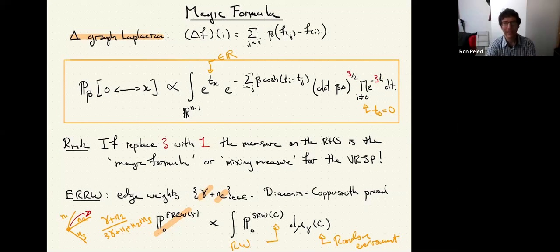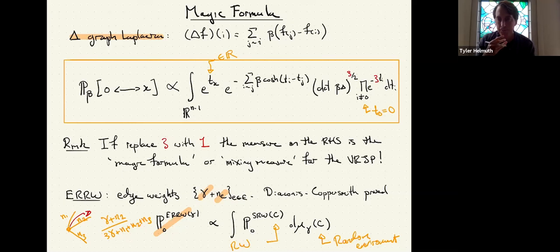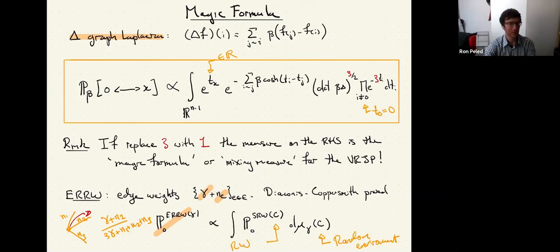Tyler, let me ask, you said that the next step, the one you didn't get to say anything about, is a Mermin-Wagner step. Mm-hmm. And I remember that one complication in these models for doing Mermin-Wagner is to understand something about large edges. I mean, edges where the difference ti minus tj happens to be large.